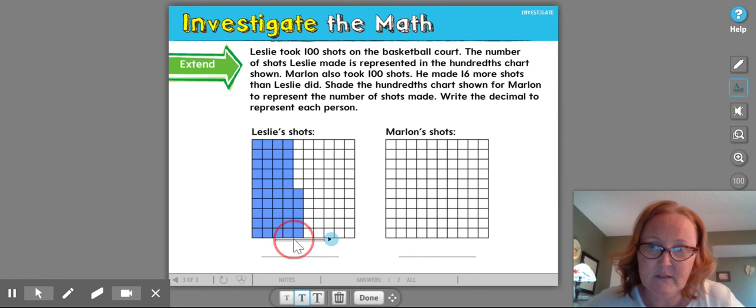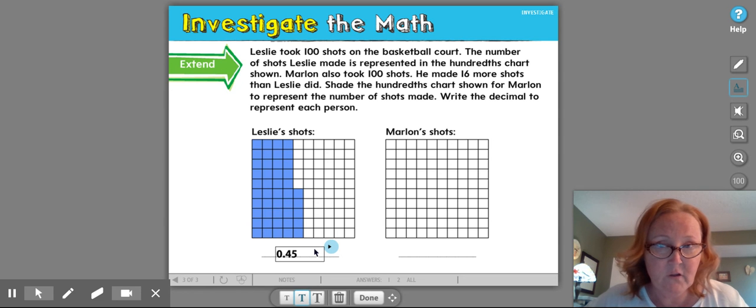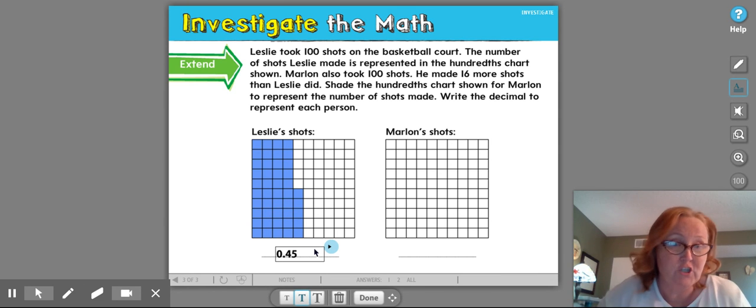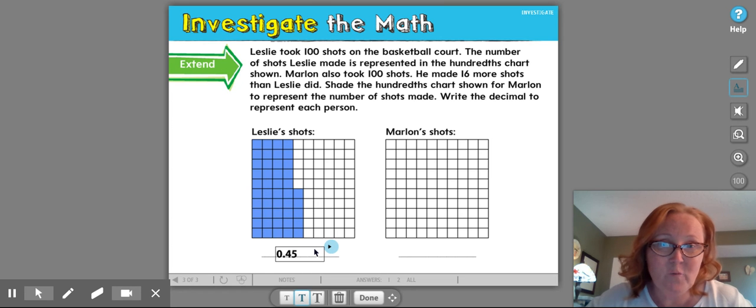Maybe the box does not want to cooperate. Here you go. Okay, so her decimal is 45 hundredths. But it says now Marlon made 16 more shots than she did.